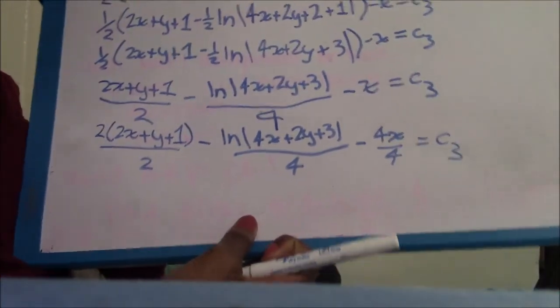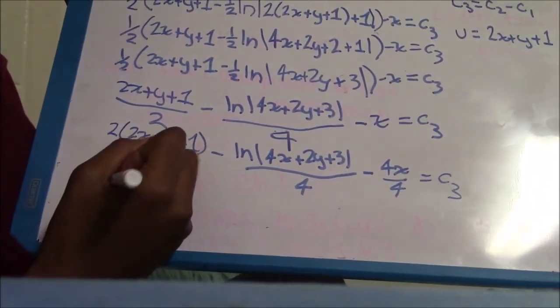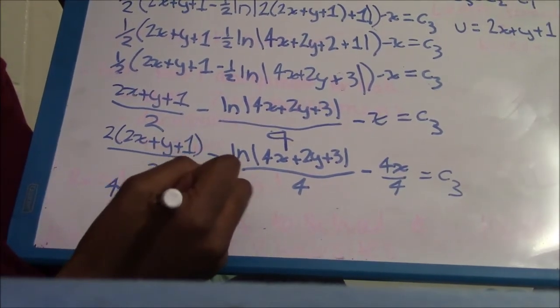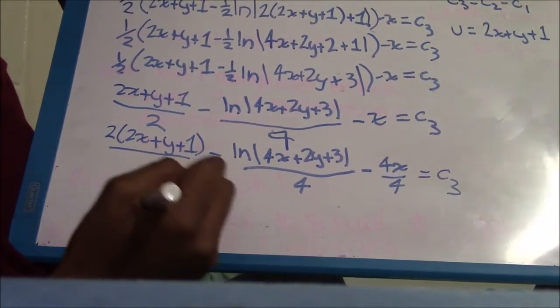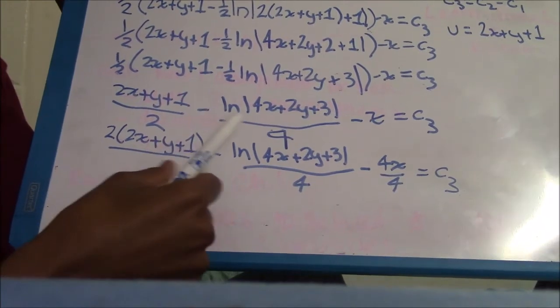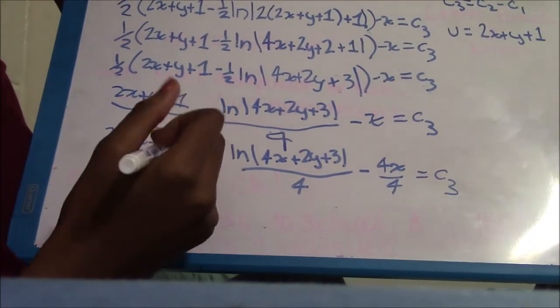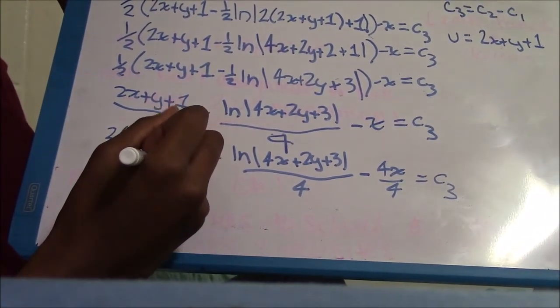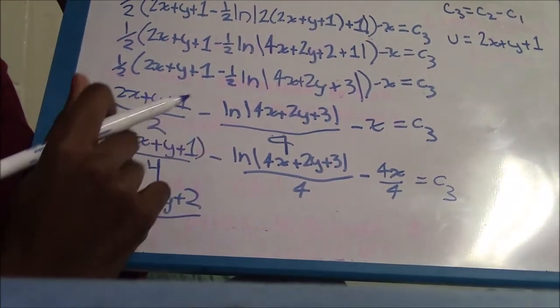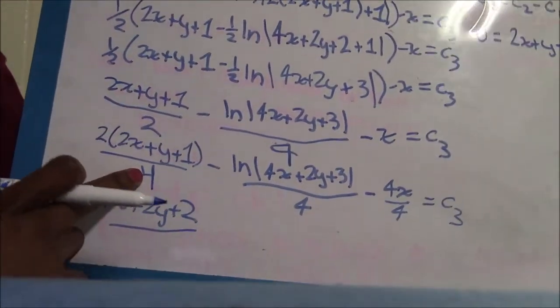We can simplify this even more, make this now 4x plus 2y plus 2 over 2. I apologize. This was supposed to be 4 because I multiplied the 2 by 2.